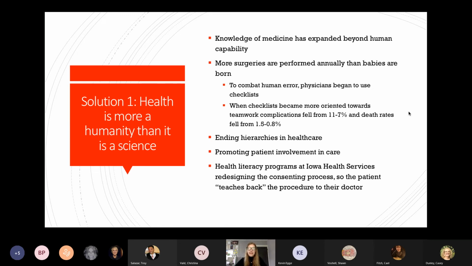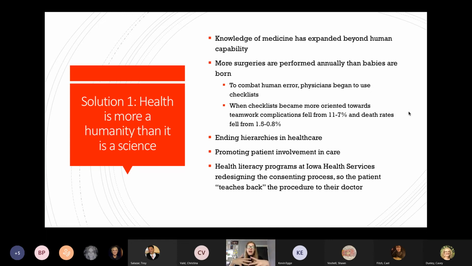So our knowledge of medicine has expanded far beyond human capability. You can't expect a nurse or a physician to remember the exact name and purpose of the 6,000 different drugs on the market. And more surgeries are actually performed annually than babies are born. And so between these two, it's kind of a recipe for high death rates and negative growth, because human error happens.